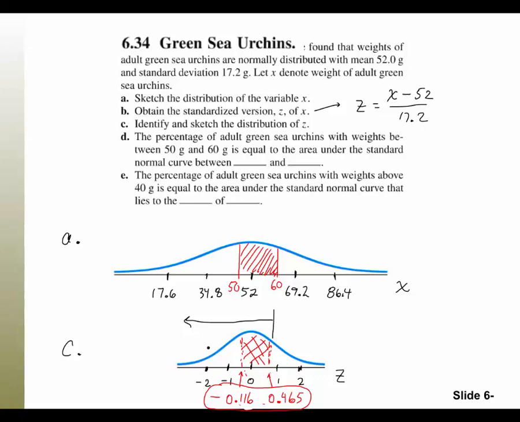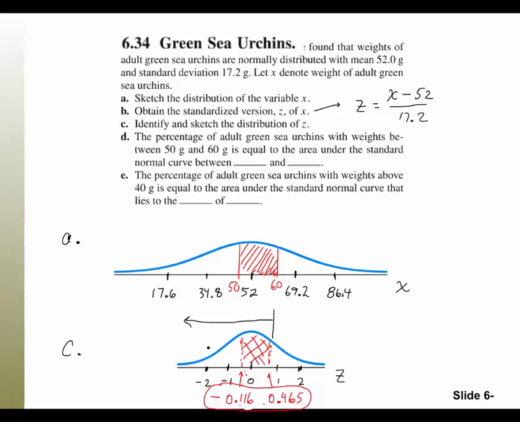So what do we want? We want 0.465. You're going to go down the column and look for 0.4, and that's right here. For yours, it's the lowest row in the first bank of rows.